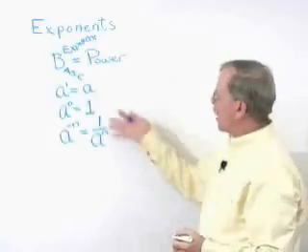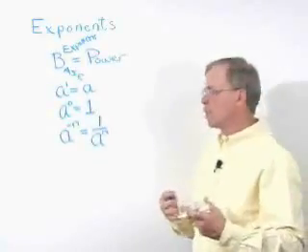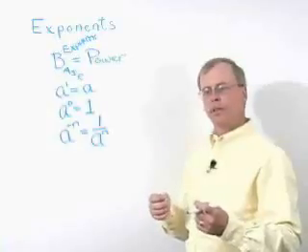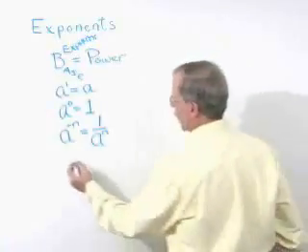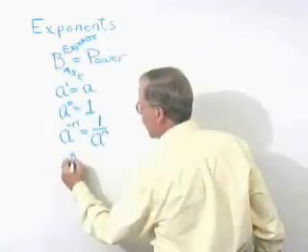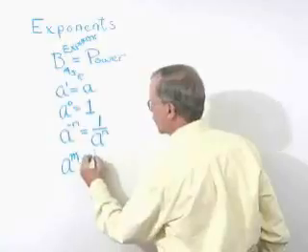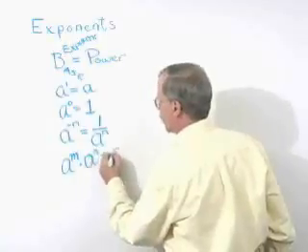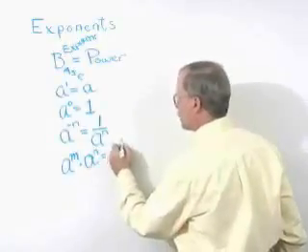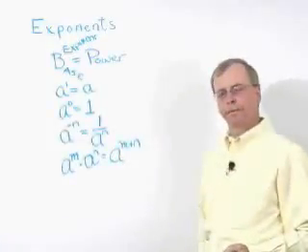Now, with that in mind, we can go on and look at the 2 rules that we're going to look at in this section. The first one is that a to the m power times a to the n power is a to the m plus n power.